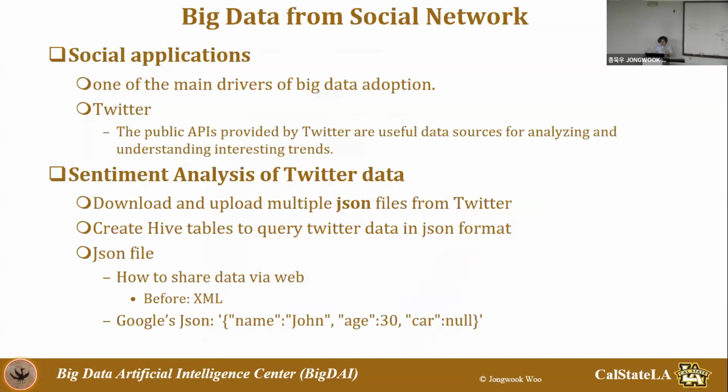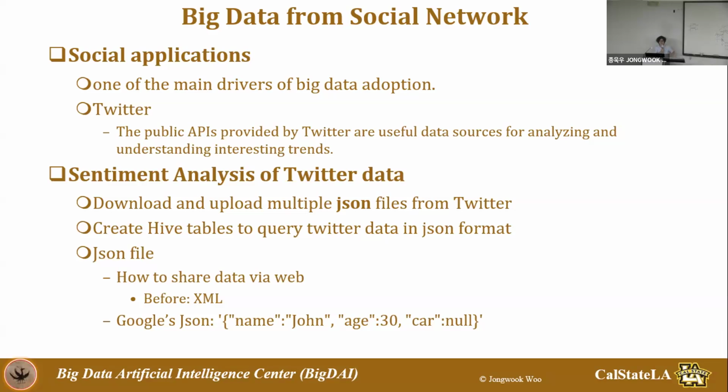Before I mentioned that there was an XML file. Like 15 years ago, XML file was the popular file type to share data across different organizations. But Google felt it's not that convenient, so Google made a new file format called JSON, and it has a similar syntax to HTML.